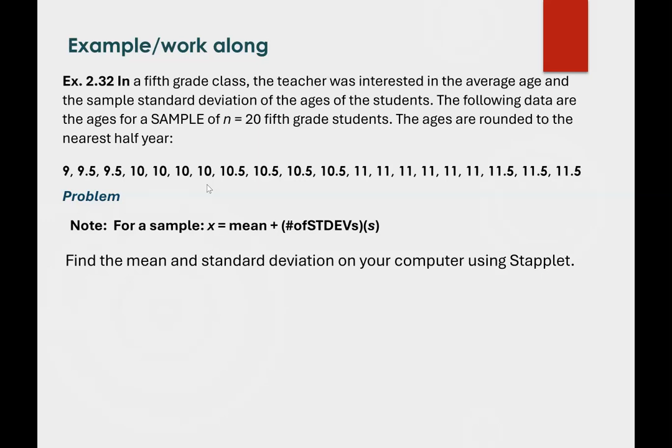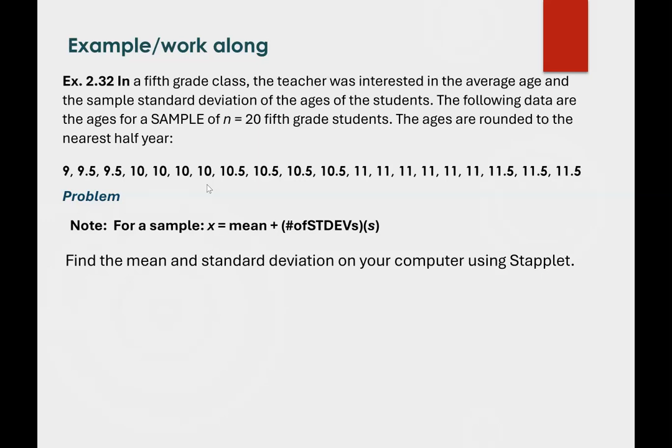Statplet. We do not use the formula method as shown in your book, or you might see maybe ChatGPT has you do that, or some other solution generators that give you this big formula to work out, or videos you might find.